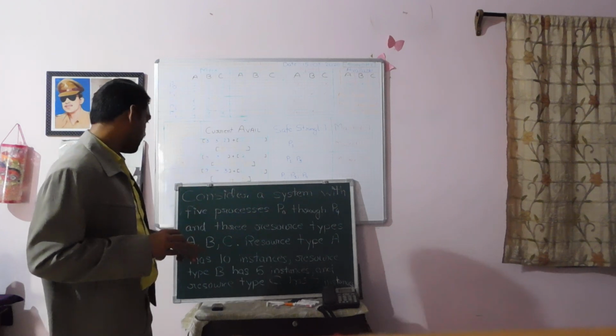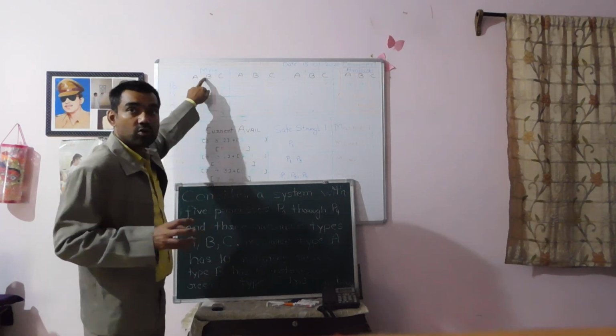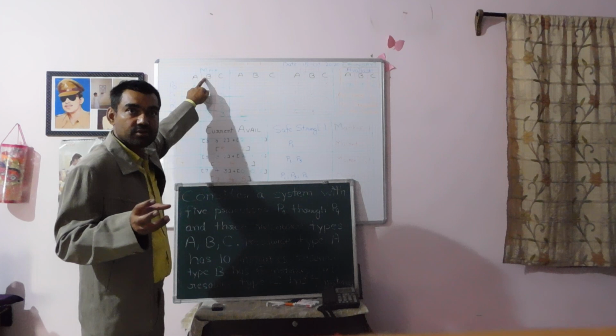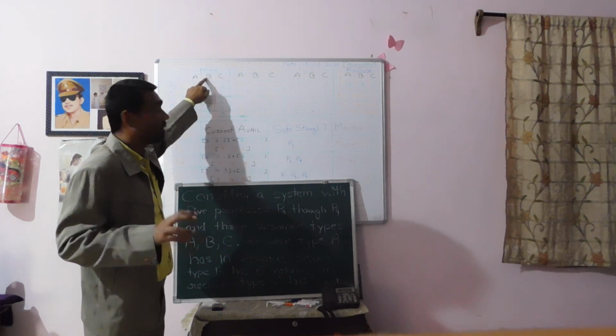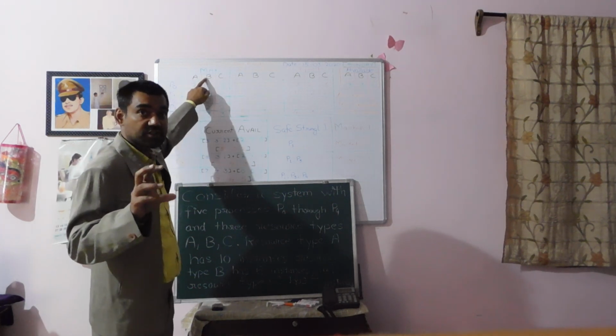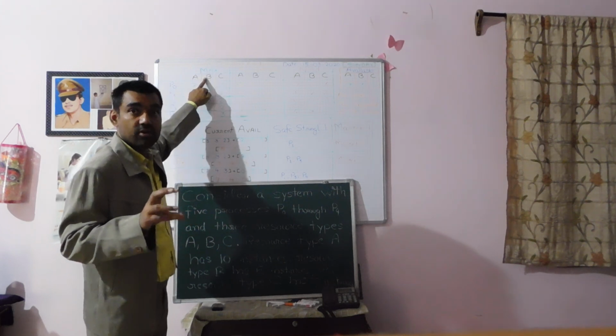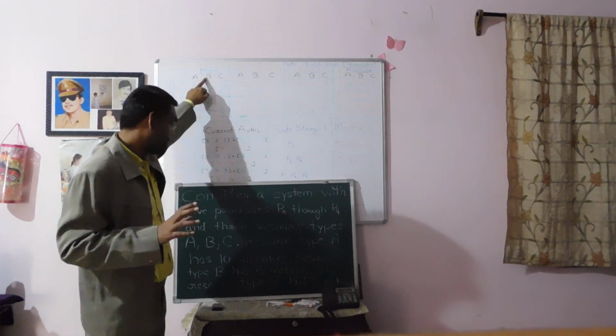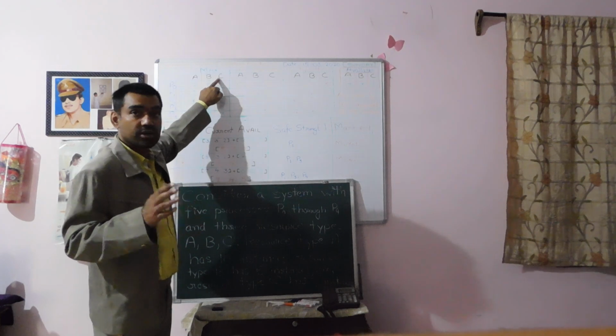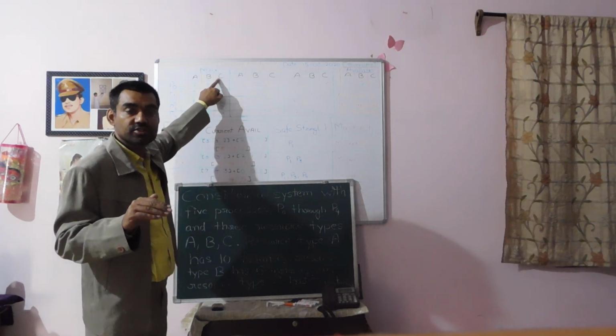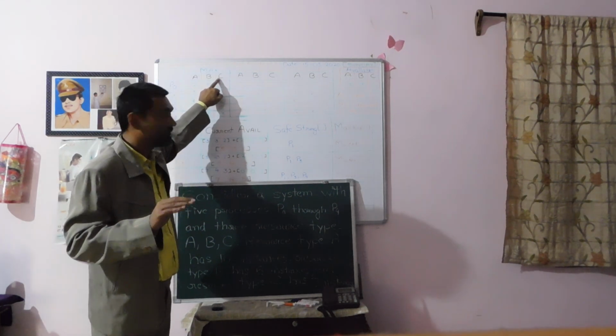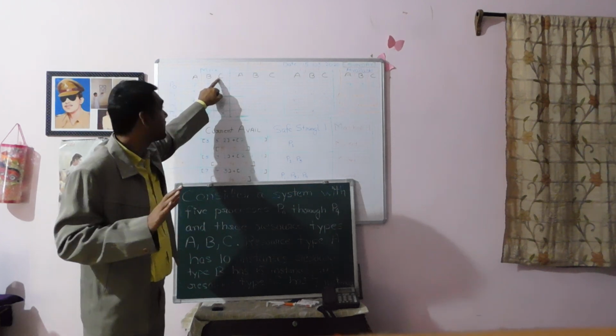Likewise, the number of instances of resource type B is 5, and the number of instances of resource type C is 7.